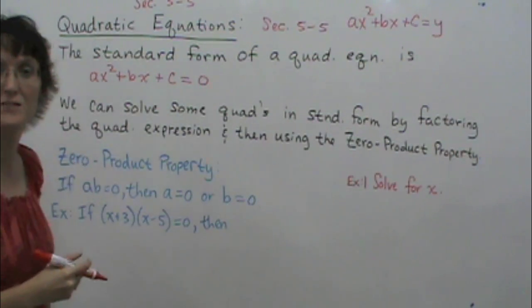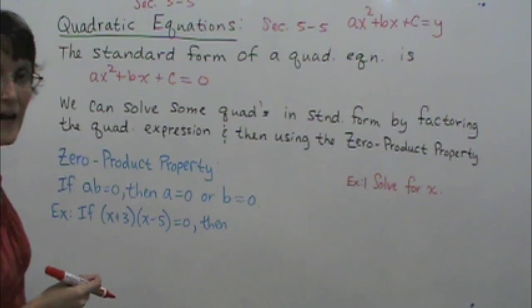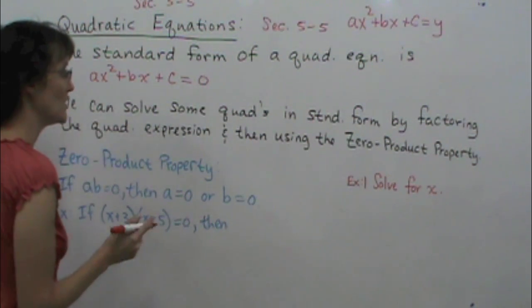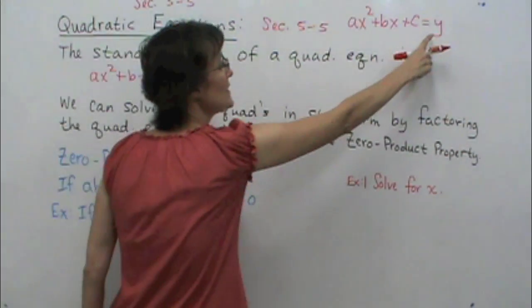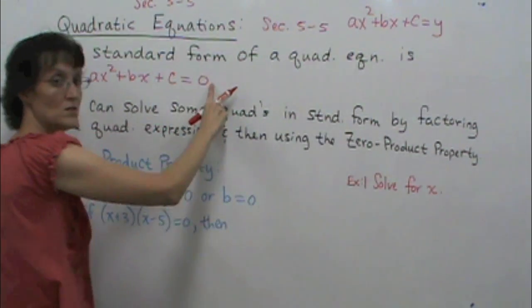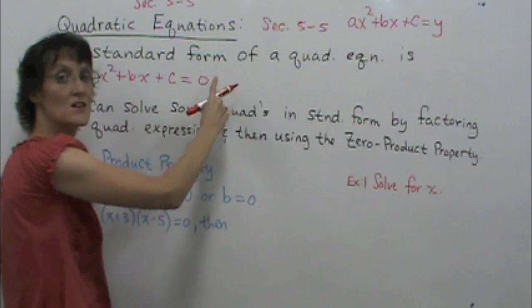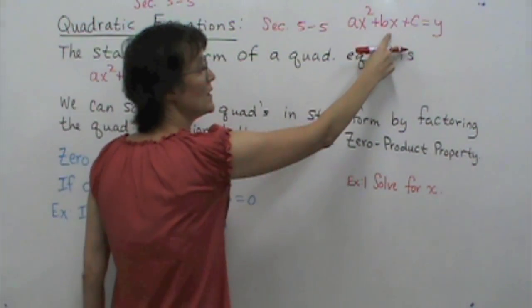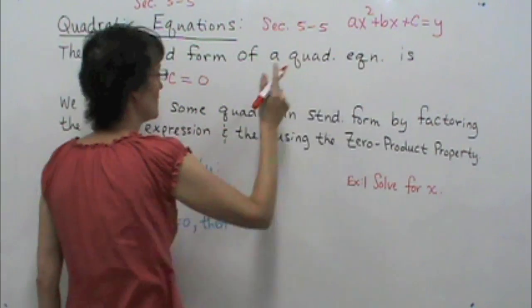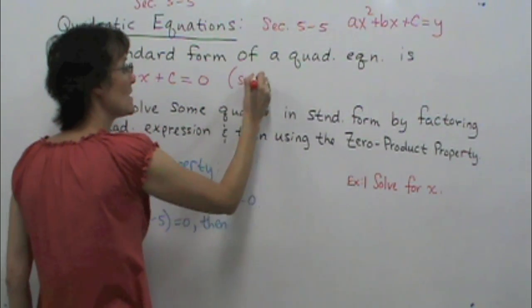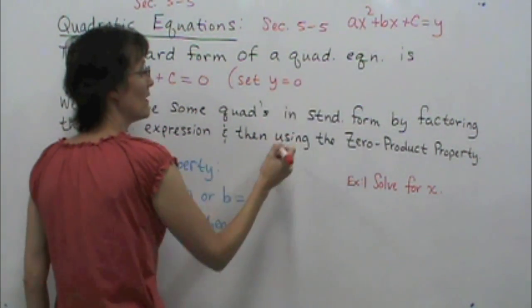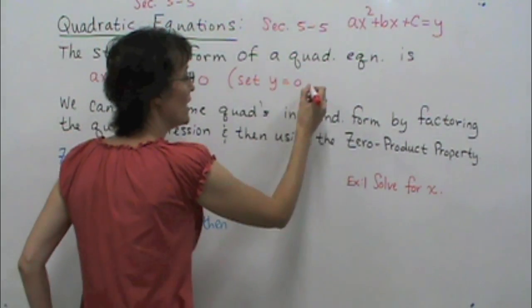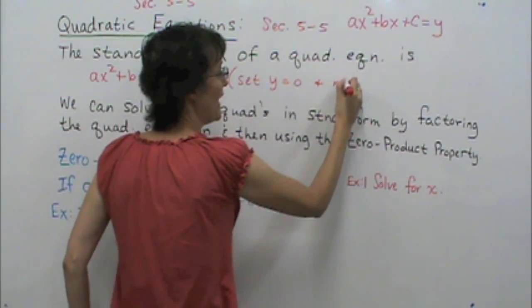So we have to get it in standard form by setting one side of the equation equal to 0. Basically, what did they do with the y? They set it equal to 0 so that they could solve for the x. Otherwise we have too many unknowns up here. So they set y equal to 0, and now we can solve for x.